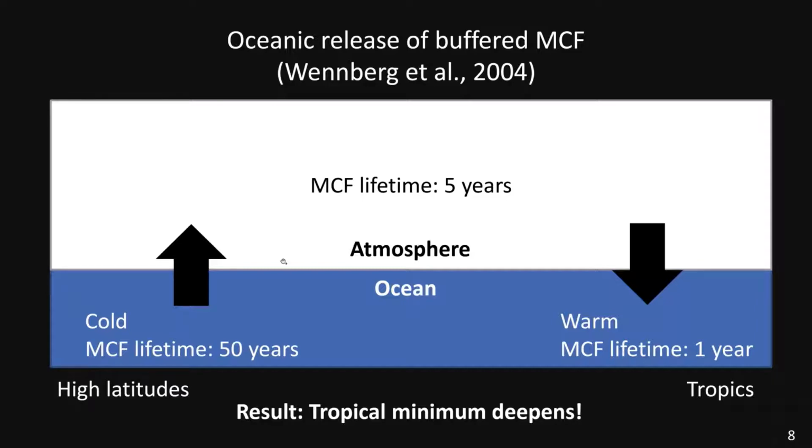So the tropical minimum deepens, and this is exactly what we need to explain this bias. And actually the sensitivity of our bias to this ocean atmosphere exchange is a lot higher than sensitivity to OH adjustments. So this is why we think it might be a more likely explanation than an 80% adjustment in the spatial distribution of OH.